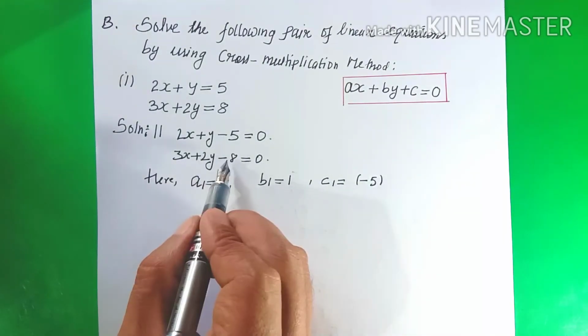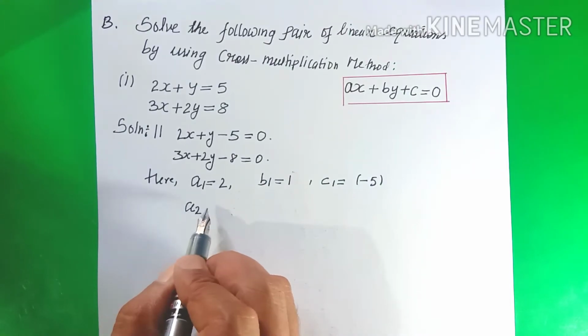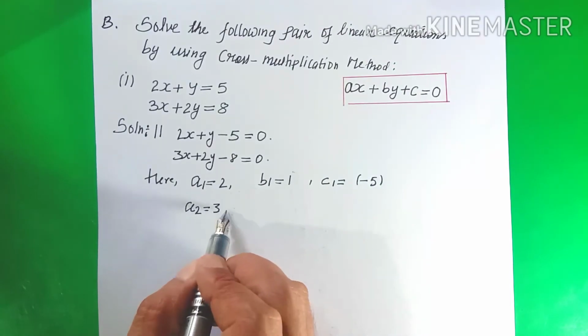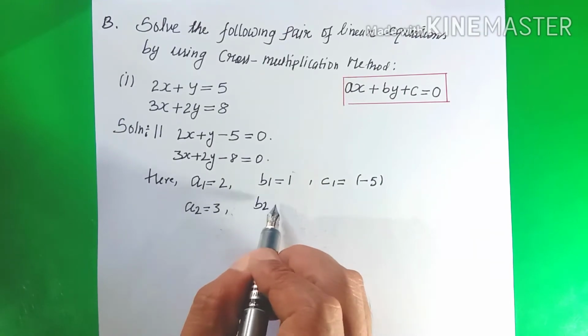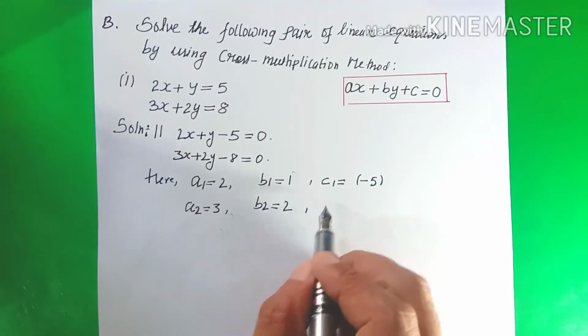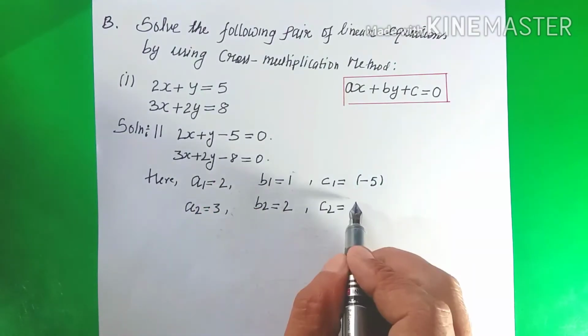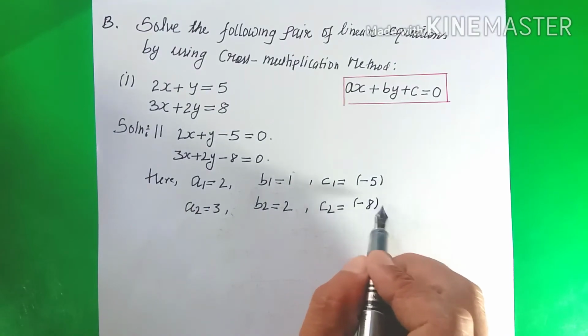From the second equation, a2, the coefficient of x, equals 3, b2, the coefficient of y, is 2, and c2, the constant term along with the sign, is minus 8.